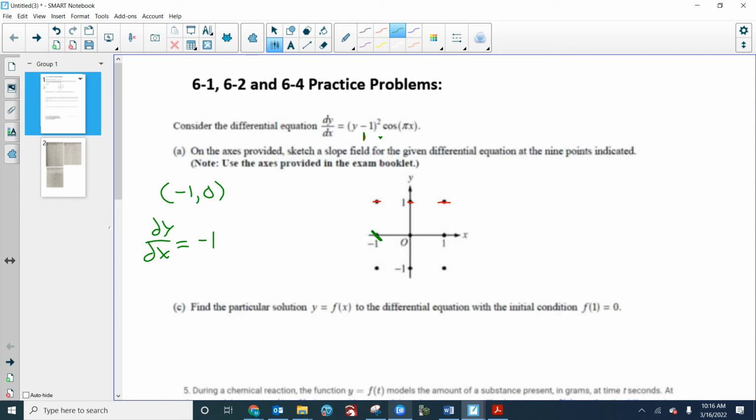The next point we're going to plug in is 0, 0. We still get a positive 1 out of the first set of parentheses, correct? And the cosine of 0 is 1. So we're going to graph a slope of 1 at 0, 0. How about at 1, 0?